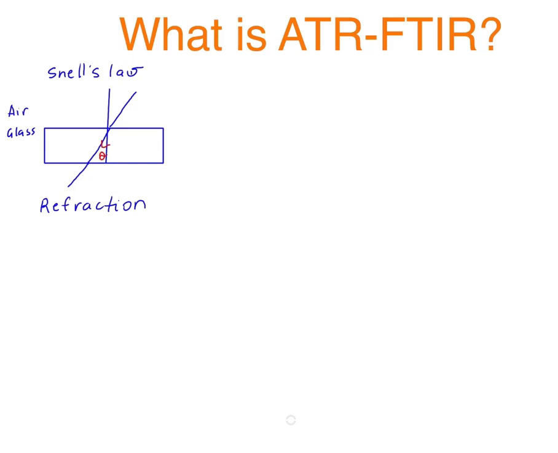So at this specific angle of light, when it penetrates the medium, it gets refracted. As this angle of incidence increases, we reach a special condition known as the critical angle. So let's draw how the critical angle looks.